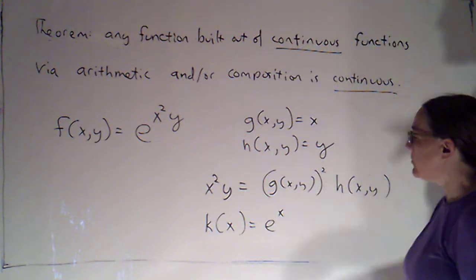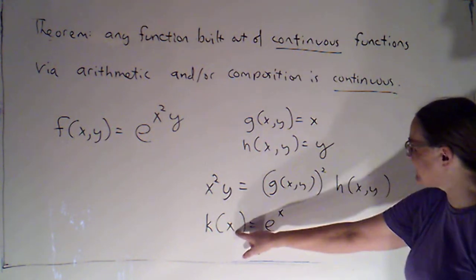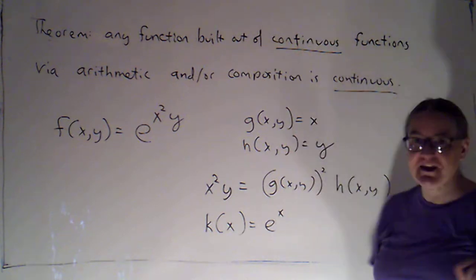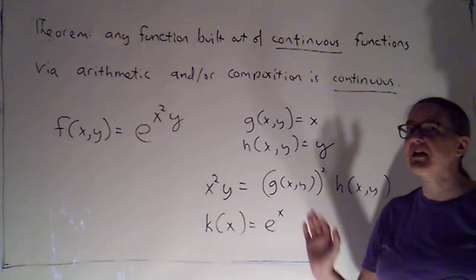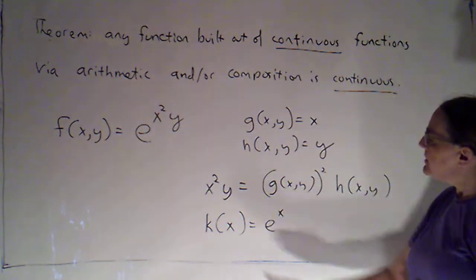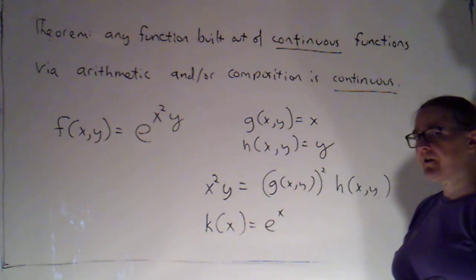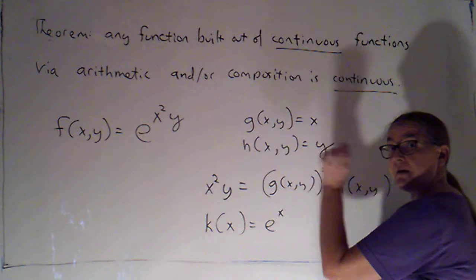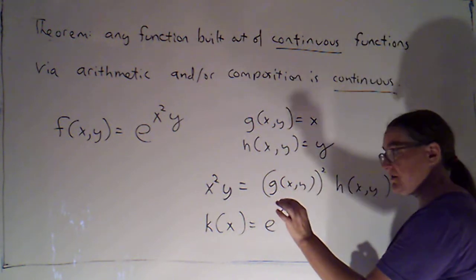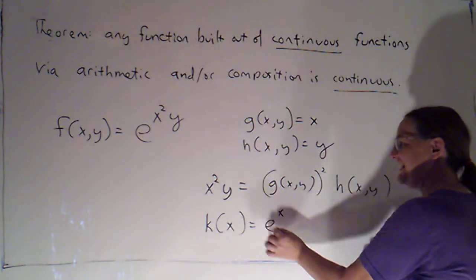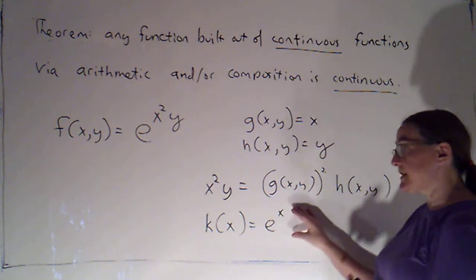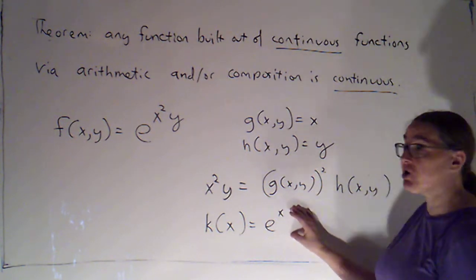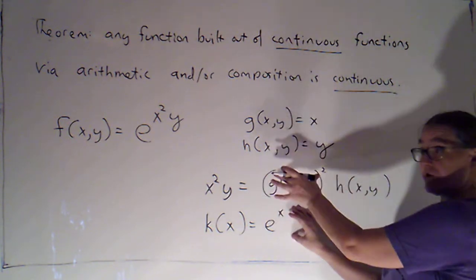So I'm not saying that this x is necessarily the same as any of the other x's. It's just my usual placeholder for the input. Notice, this is a different sort of function. This is a real valued function of one variable. I'm plugging in one number, and I'm getting out a number. So this is a different type of function from these other functions.